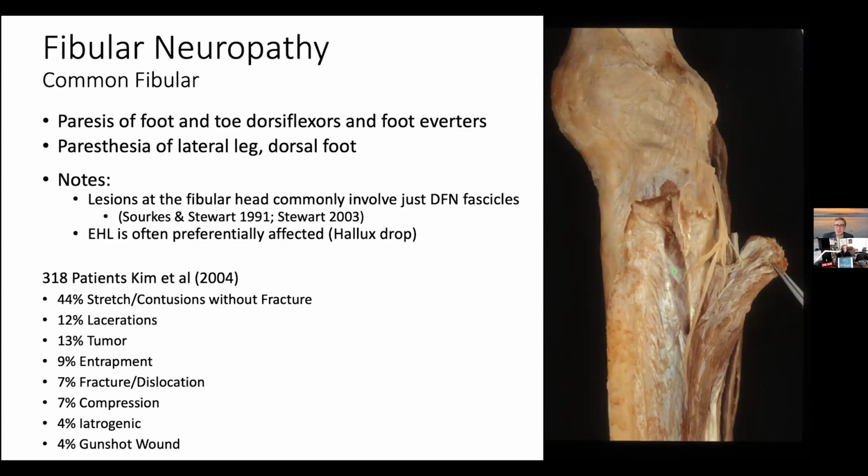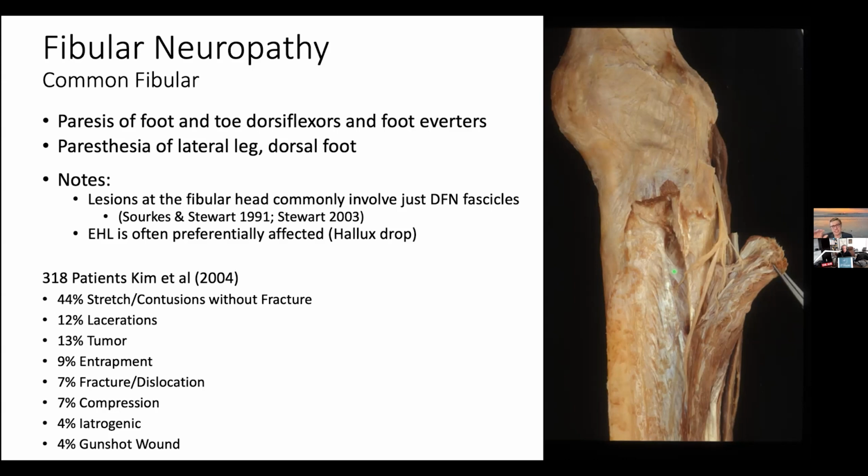Lesions of the common fibular are going to present as you'd expect: paresthesia of the lateral leg and the dorsal foot, paresis of the ankle and toe dorsiflexors, as well as the foot everters. It is important to note that lesions of this fibular head and neck region commonly only involve the fascicles of the deep fibular nerve.